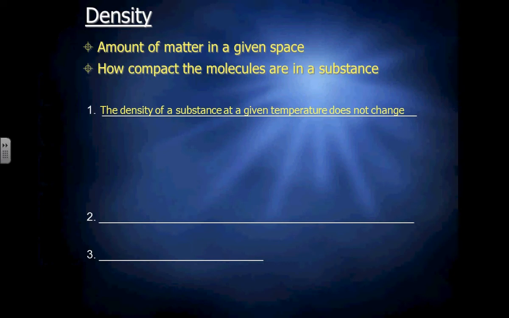For example, at 20 degrees Celsius, the density of pure aluminum is 2.7 grams per cubic centimeter. Okay? And whether it's a big block of aluminum or a tiny little speck of aluminum, its density at that temperature is always 2.7 grams per cubic centimeter.